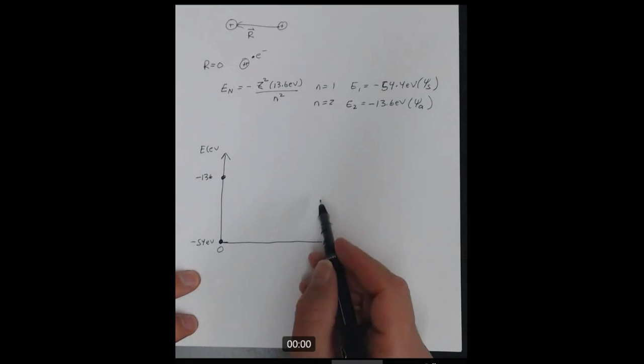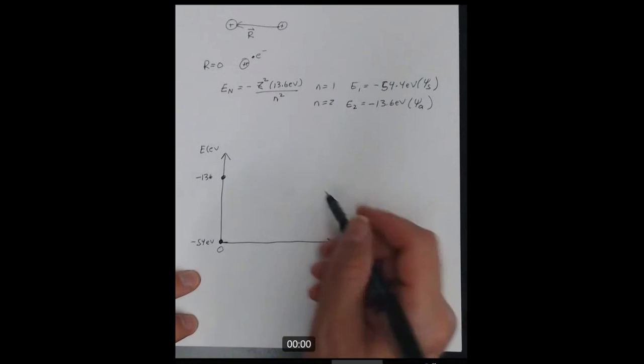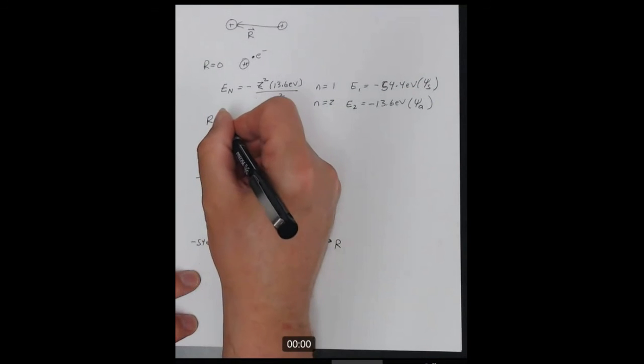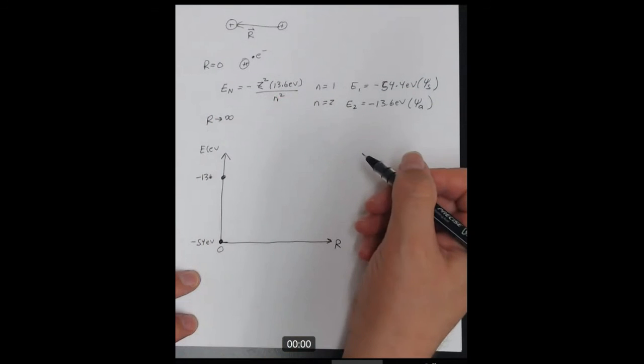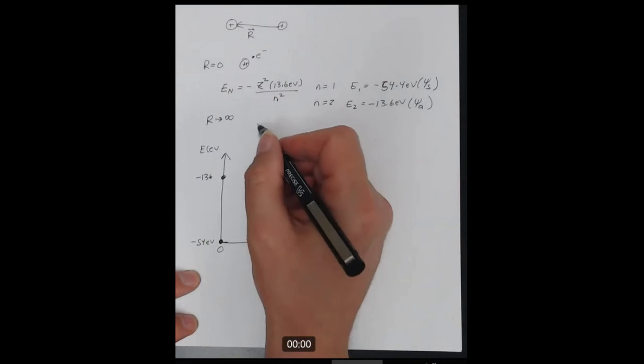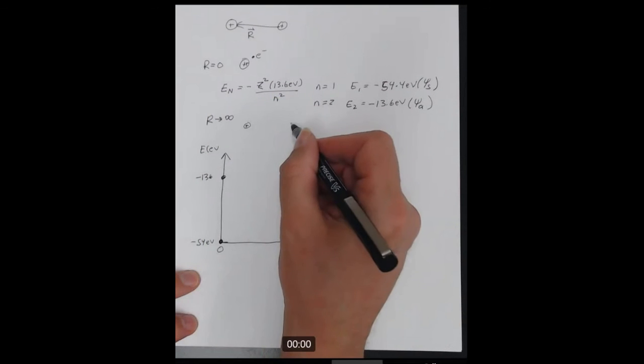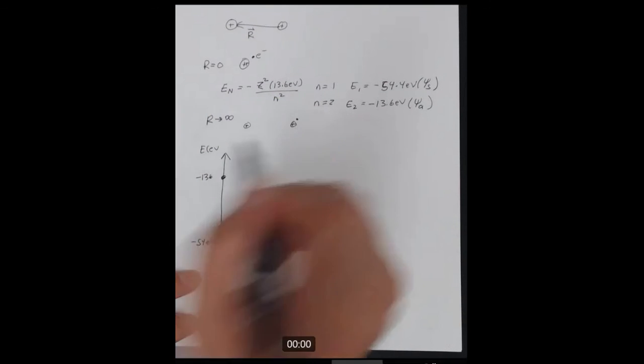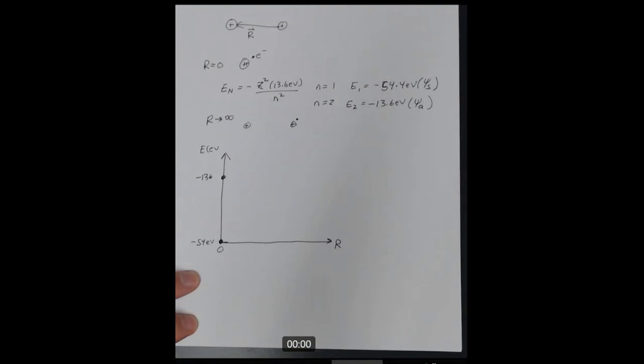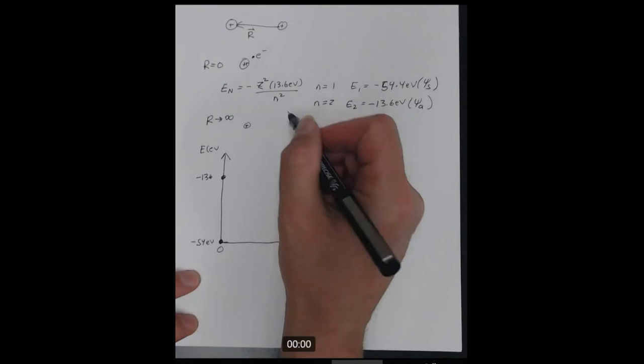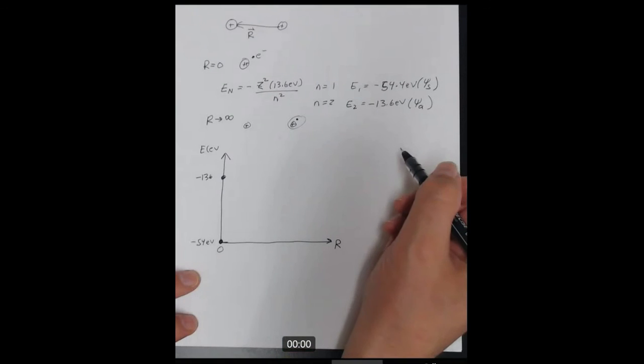So what happens? Well, we can take the other limit, when R approaches infinity. And we're going to assume at that point that the electron stays around one of them, that the electron goes with one of them. What is the energy of the electron? Well, then it's just a hydrogen atom, right?